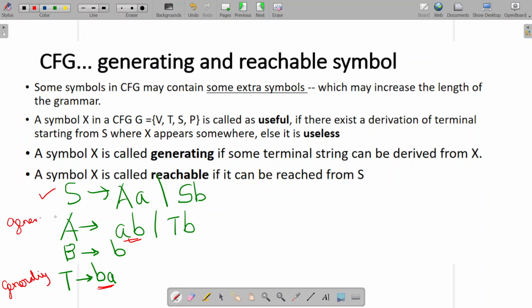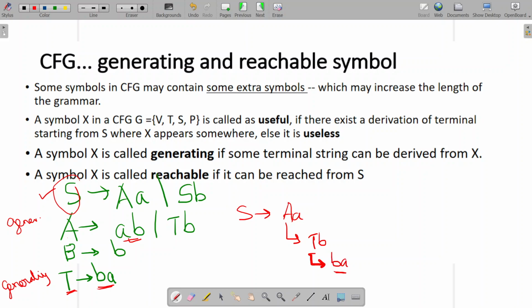Now, for reachability, take T, a non-terminal. When I start from S, I am able to reach AA. So from A, I can reach TB. From T, I can reach BA.